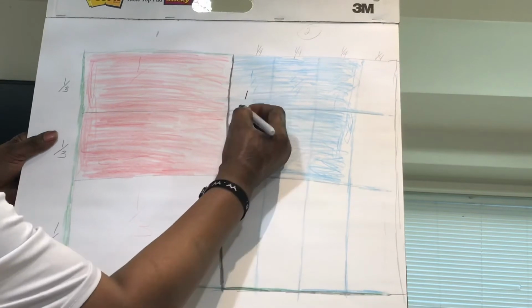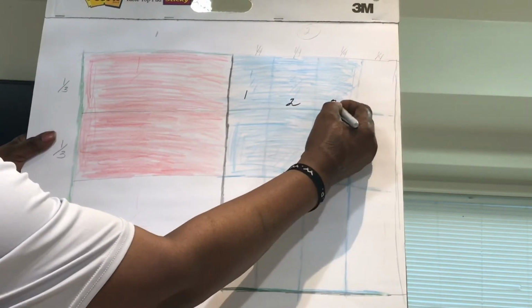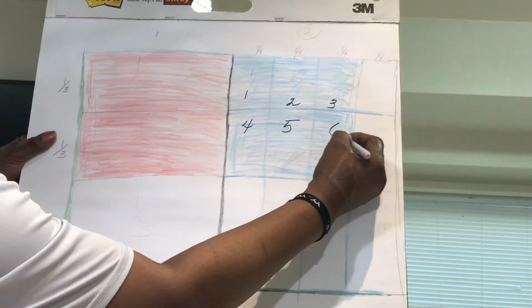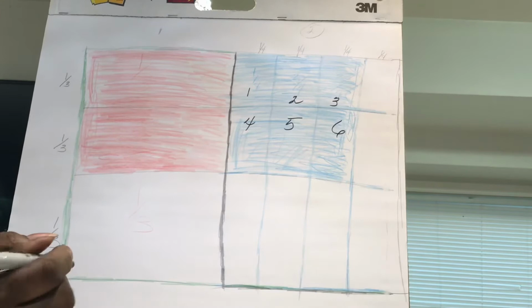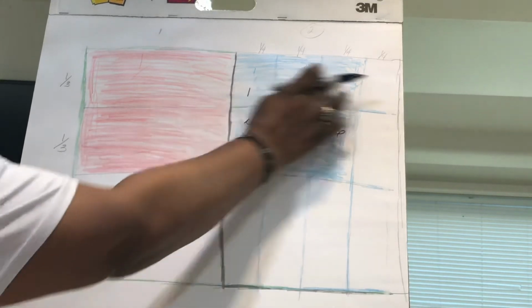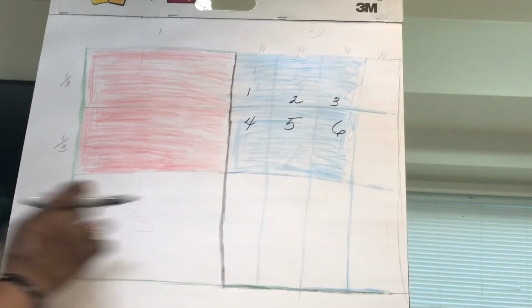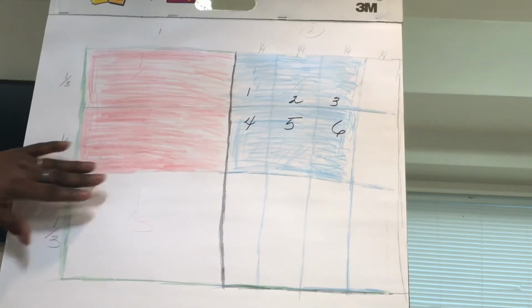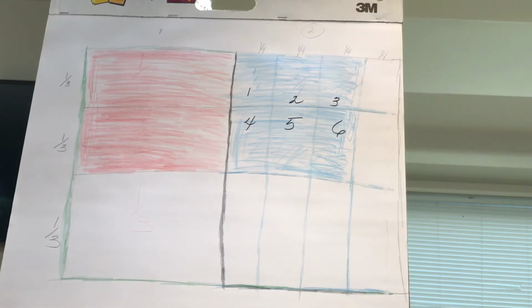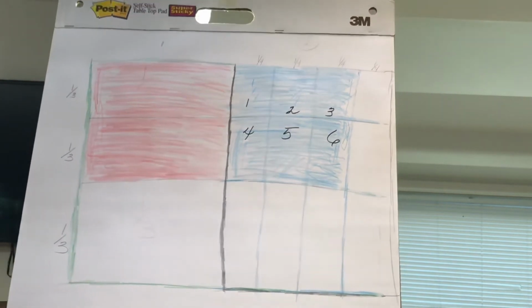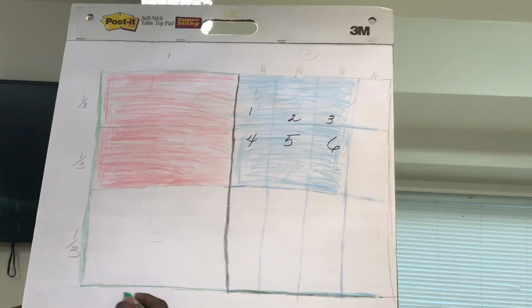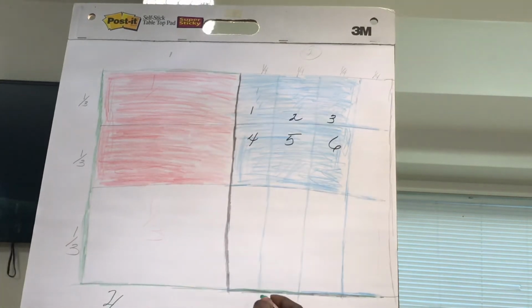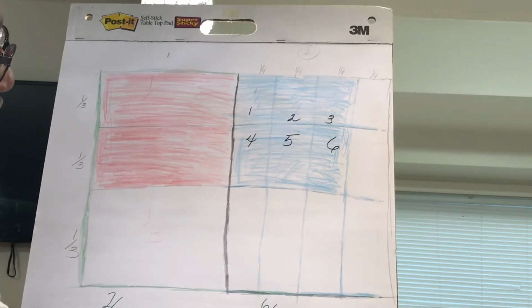I have 1, 2, 3, 4, 5, 6. In all, I had 12 altogether, because if you count all of the squares there, I had 12. So here I have 2 out of 3, and here I have 6 out of 12.